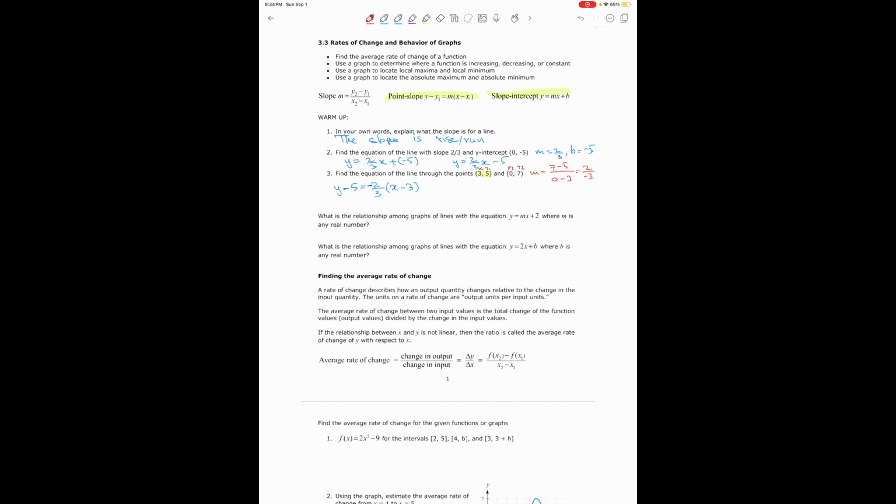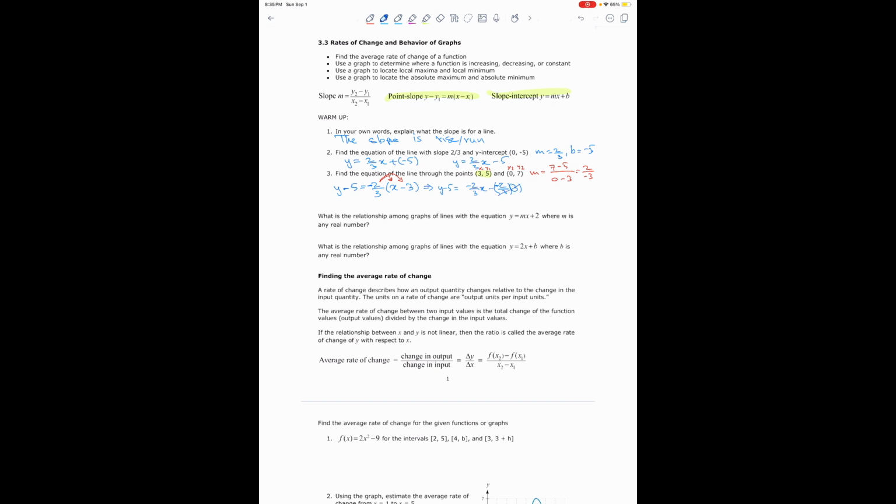So the first step is to distribute the -2 over 3 inside of the parentheses. So we will get y minus 5 equals -2 over 3 x minus -2 over 3 times 3.